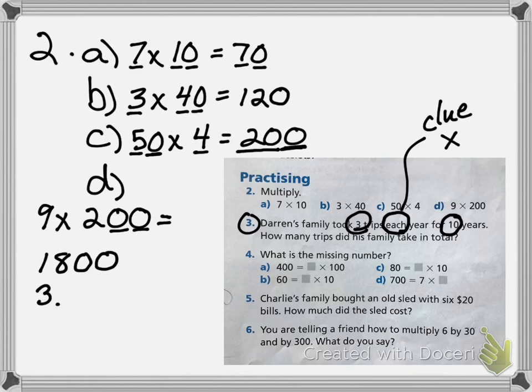How many trips did his family take in total? 3 trips each year for 10 years. Okay, so 3 times 10 equals 30.